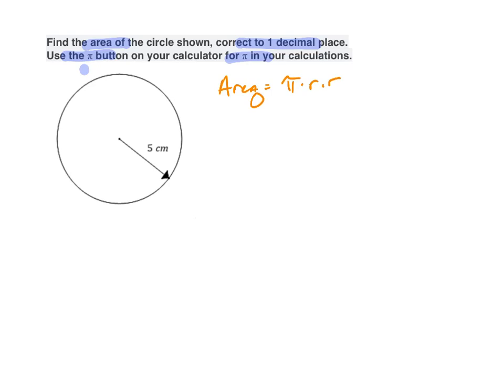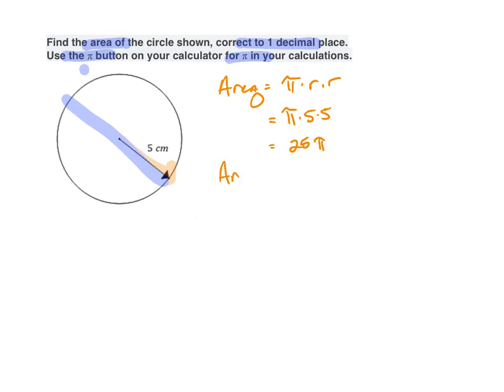Now, it just so happens, this is the radius. The diameter goes all the way across, okay? So we have the radius already. For us, the radius equals 5. So we're going to have pi times 5 times 5, which means we're going to have 25 times pi.